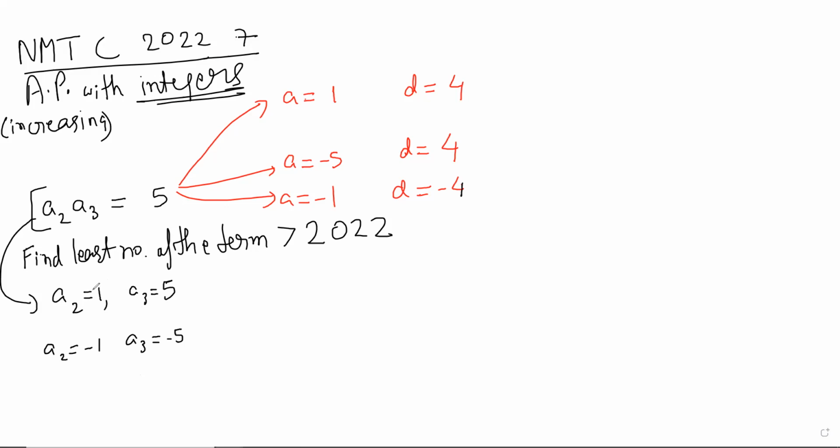So do you agree that these are the only two possibilities that I am getting? Is there any other possibility? Sir, the case when A2 is minus 5 and A3 is minus 5. Yes, right, you are right. There are those possibilities, the reverse of these.